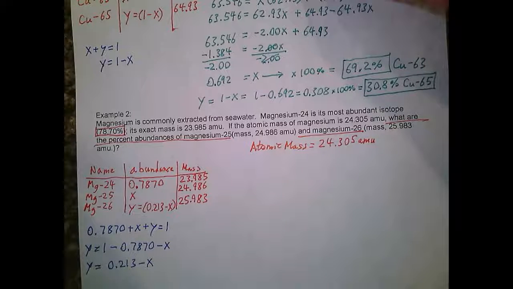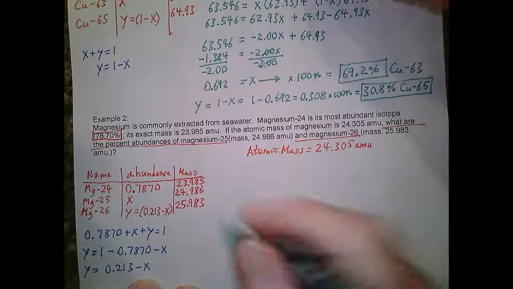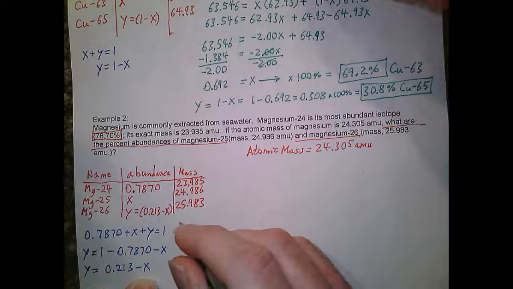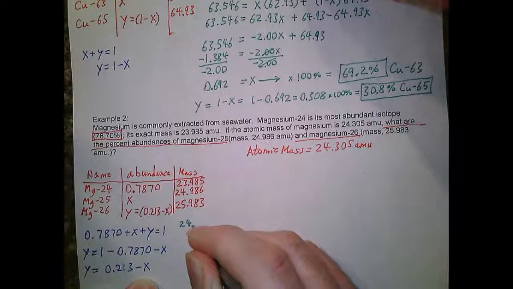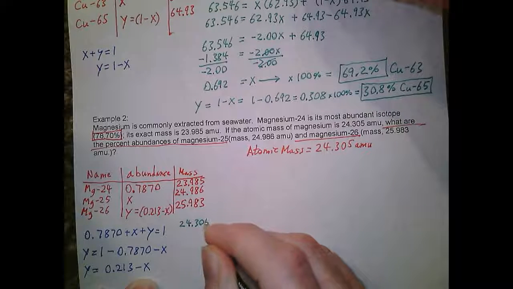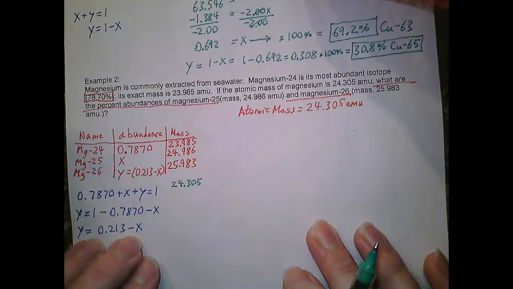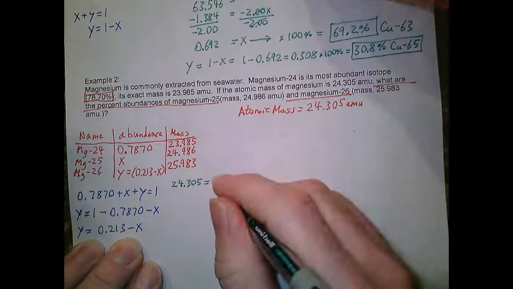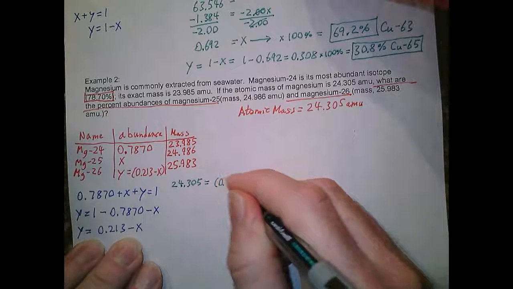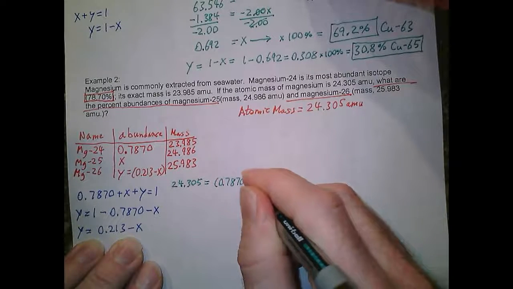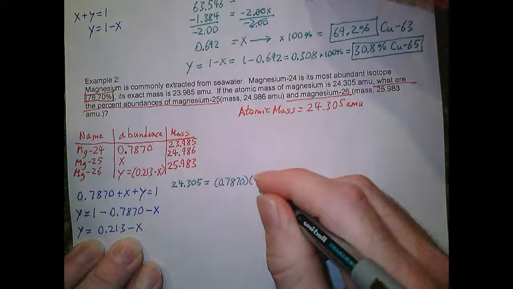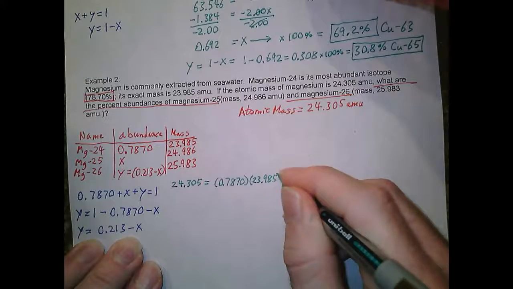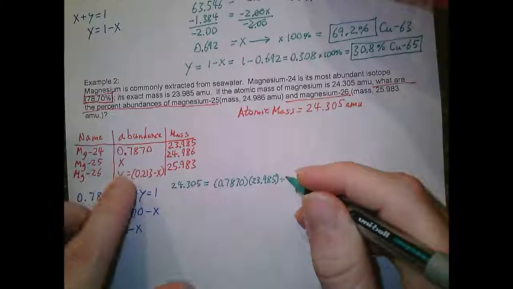We are going to write down our atomic mass, and I'm going to write down here because it takes a lot of room. We're going to write 24.305 equals this times that times 23.985 plus x.